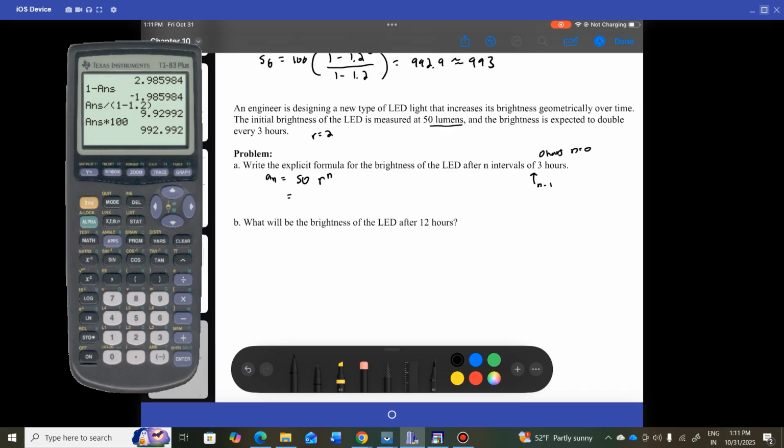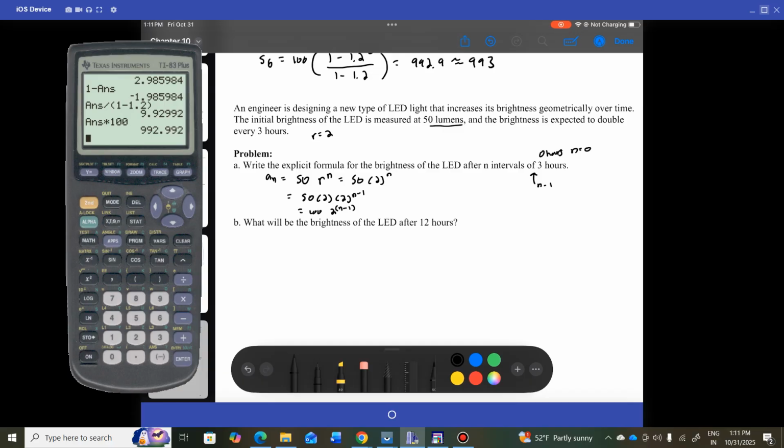All right, and so when we write this as 50 times 2 to the n, when we put in 1, we get 100. And so we want to make this 50 times 2 to the n minus 1, which is going to be 100 times 2 to the n minus 1, right?